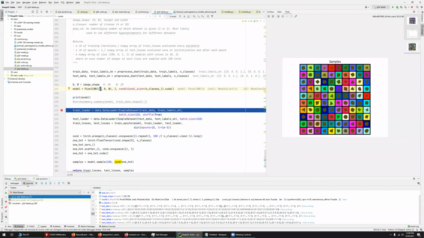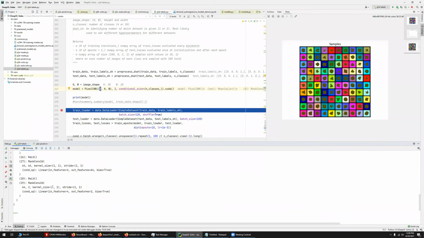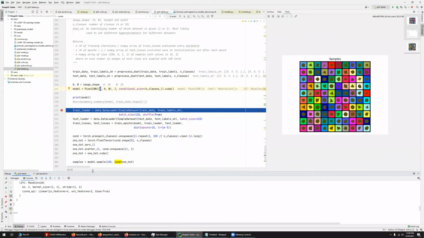And so if we look at the output, okay, it doesn't show the output here, but the output is the same. It's 2 by 20 by 20, so you have probability of 0 and 1.